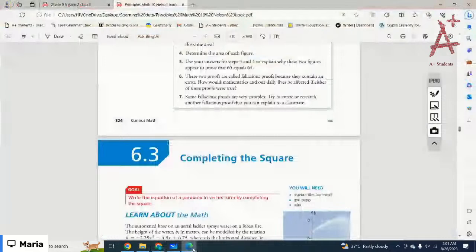Okay, here is the lesson completing the square.